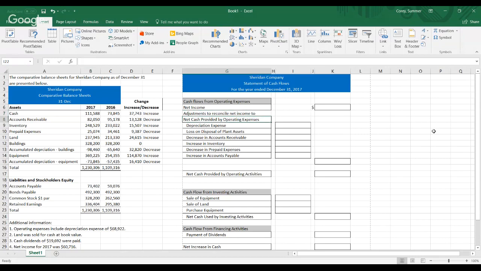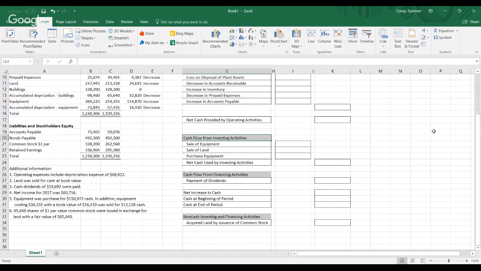cash provided by operating activities: depreciation expense, loss on disposal of plant assets, decrease in accounts receivable, increase in inventory, decrease in prepaid expenses, increase in accounts payable, and all of that will give us our net cash provided by operating activities. And then we'll go to our cash flow from investing activities, which has the sale of equipment, sale of land, purchase of equipment, and we'll get our net cash used by investing activities.